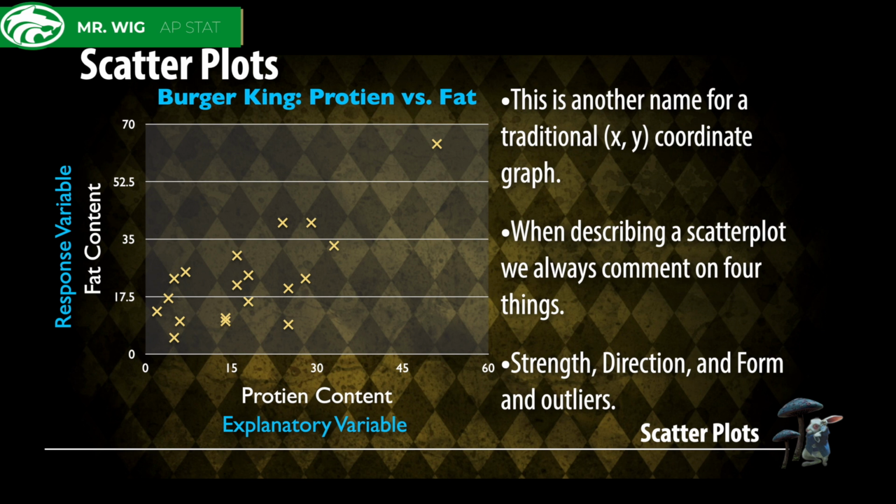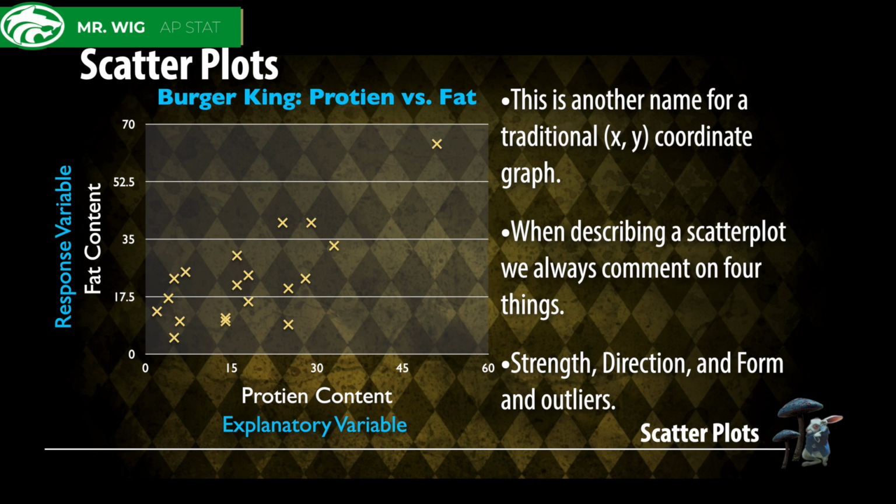Okay, and then we have the last one, which is strength. Strength is the most complicated. It's very difficult for us to use our eyes to judge strength. By basic definition, strength is how close the points are to a line. The good news is that I don't have to rely on my eyes to make that judgment call.